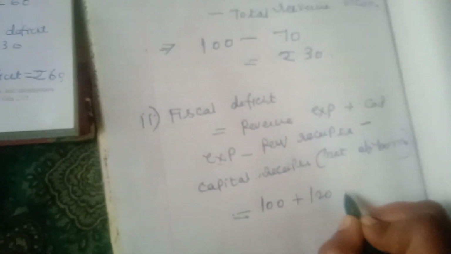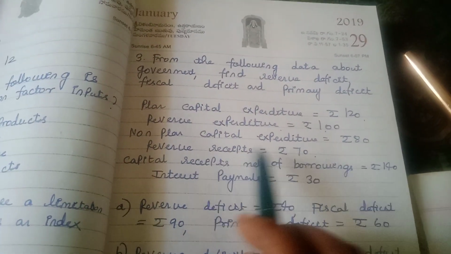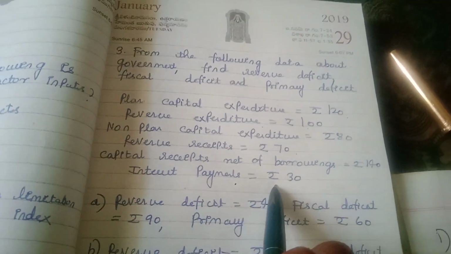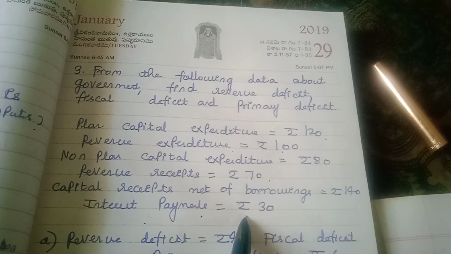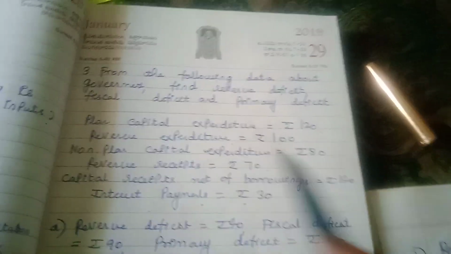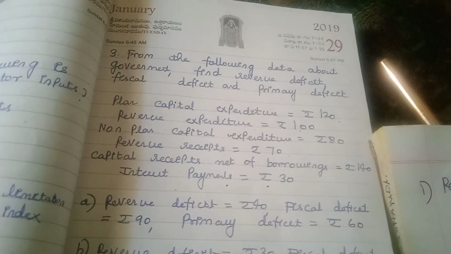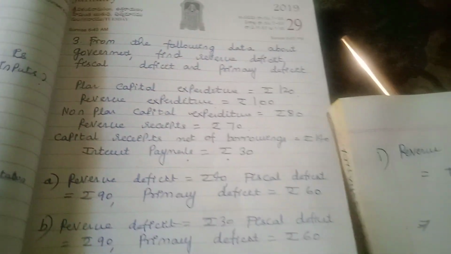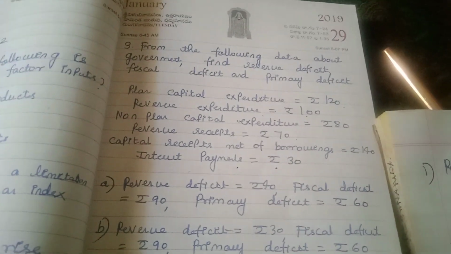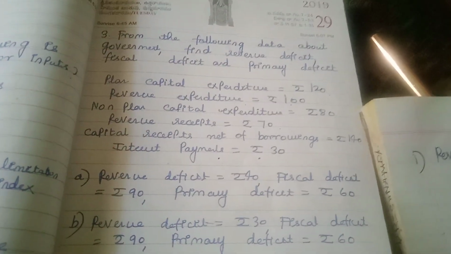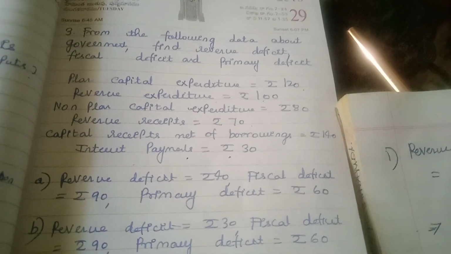Planned capital expenditure is equal to rupees 120, and we have to subtract revenue receipts here, and there is another interest payments and non-planned capital expenditure also we should take into consideration, and deduct revenue receipts rupees 70 minus capital receipts net of borrowings 140.